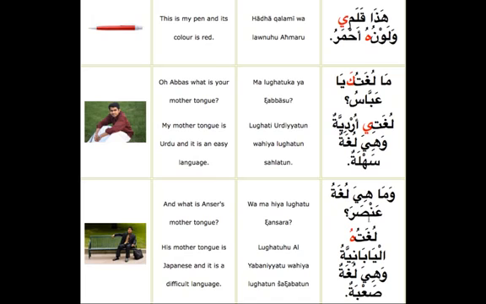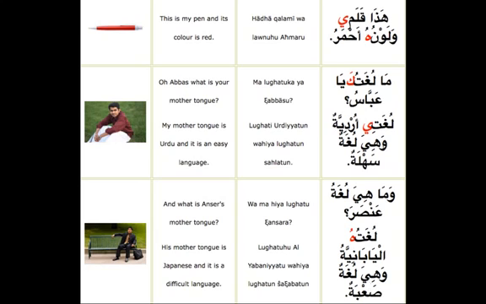So we know why it is Ansara, not Ansari. وَمَا هِيَ لُغَةُ عَنْسَرَ, لُغَتُهُ, his language, al-yabaniyatu, Japanese. وَهِيَ, and it is لُغَةٌ صَعْبَةٌ, not man'ud, difficult language, and it is a difficult language.